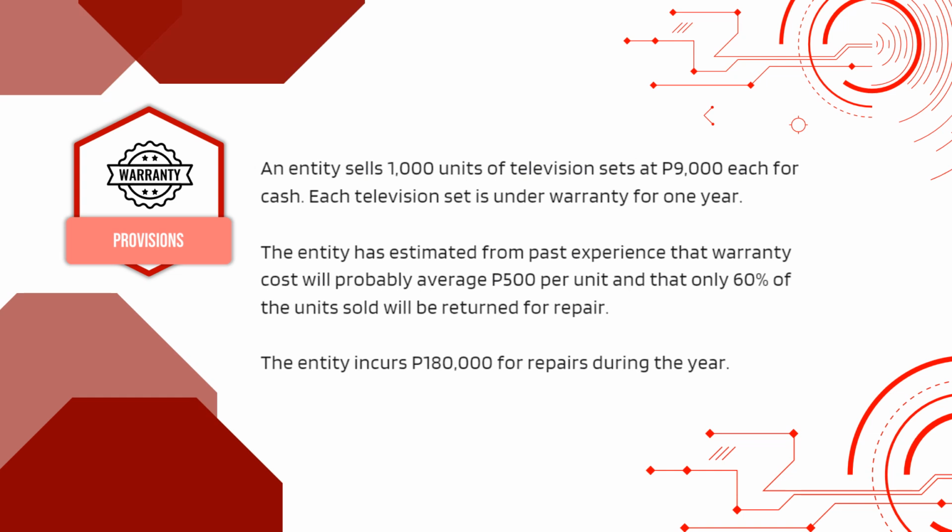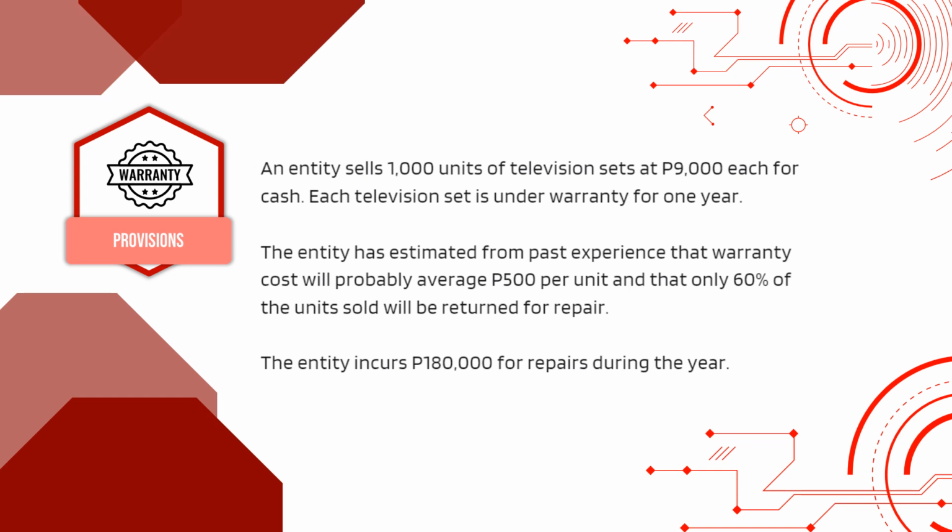Ano ba yung probable expected outflow from this warranty? Ang sinasabi niya is that, okay, meron kang one warranty per set na nabenta mo. But hindi lahat yun will result into an expense or a liability. Only 60% will be probable in terms of expecting an outflow. So therefore, yun lang yung i-account natin.